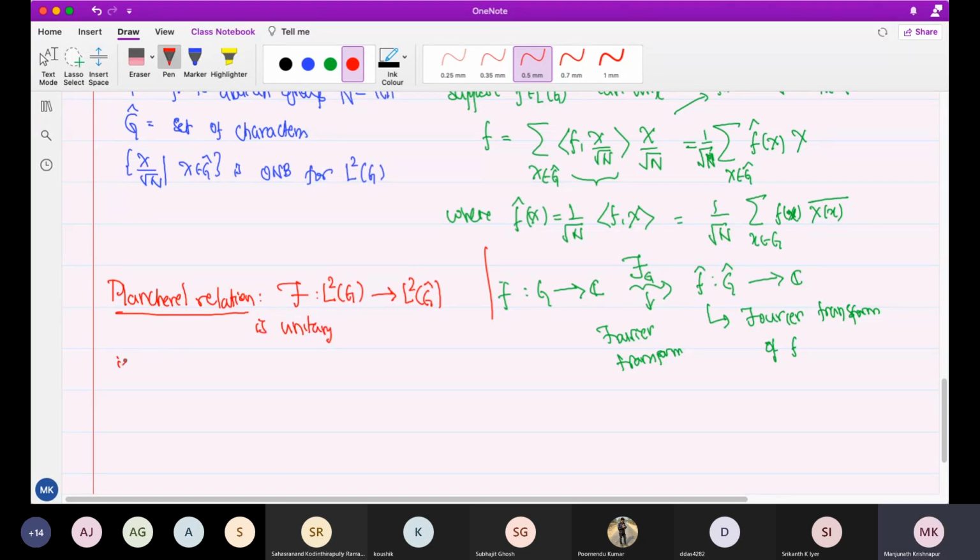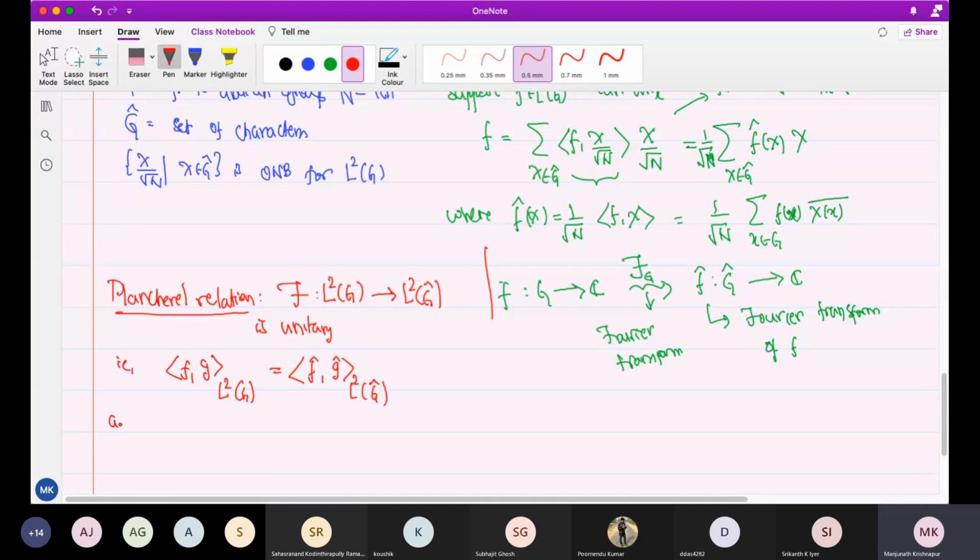What that means is, if I take the inner product of two things in L2 of G, then it is the same as the inner product of f hat and g hat in L2 of G hat.